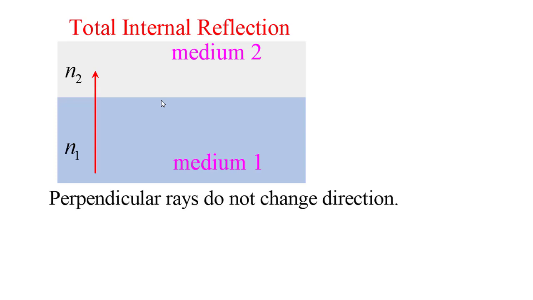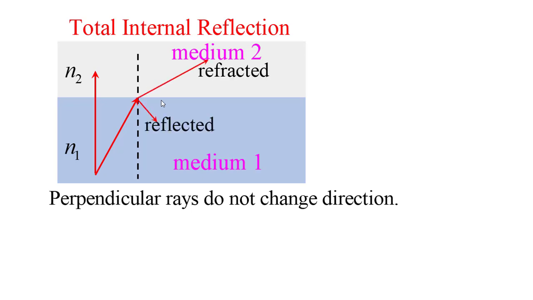Perpendicular rays do not change direction. If instead the light ray goes this way, from medium 1 to medium 2, relative to the normal, it is partly refracted and partly reflected. This angle is called theta 1 and this angle is called theta 2.